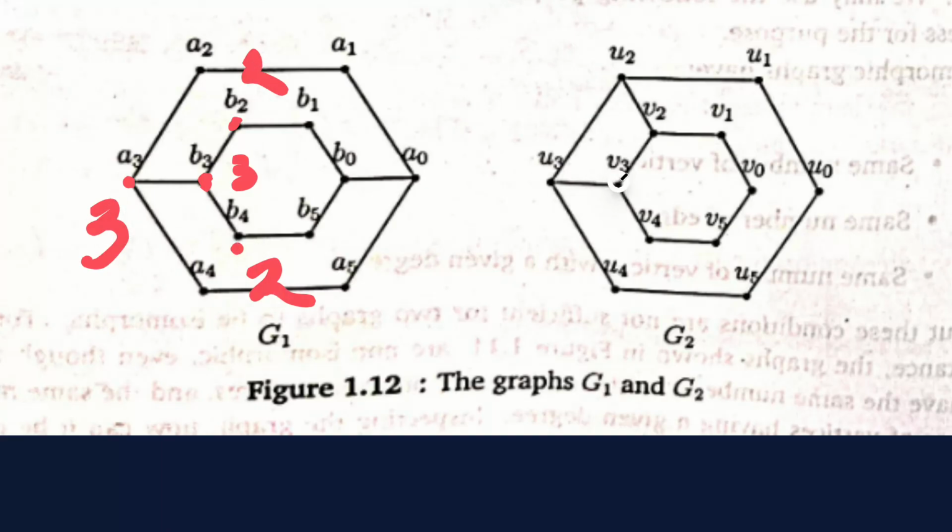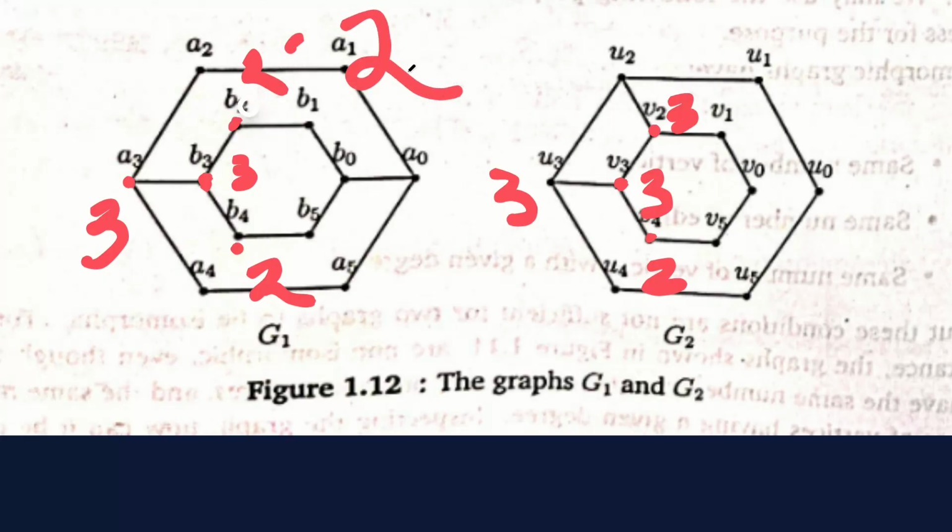Here this vertex has degree 3, so the corresponding vertex should be 2, but here it is degree 3. Here you have 2 in B2, but here you have 3. So that means they are not adjacent.